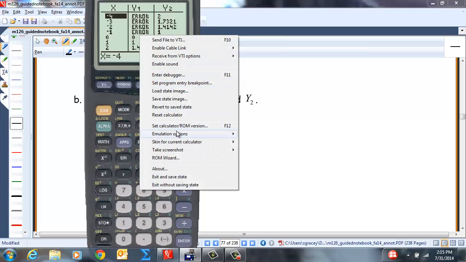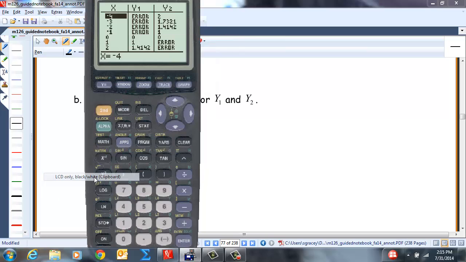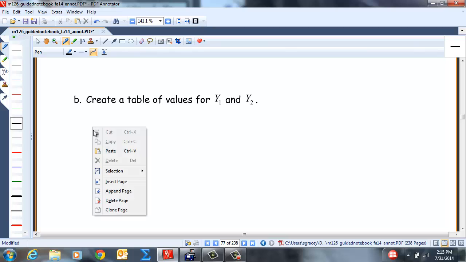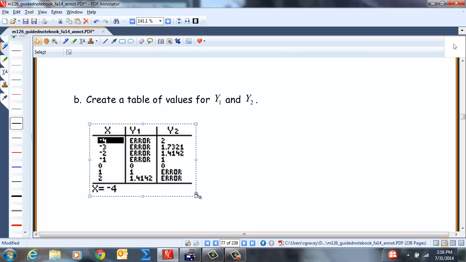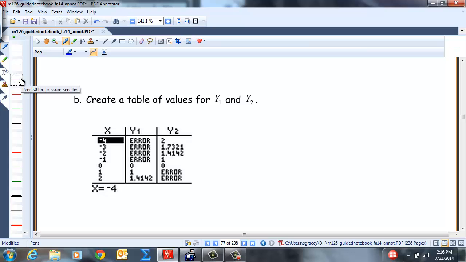Okay, so let's copy this. And then what we have going on for the original graph, you may have noticed that the domain starts at 0, so you're not going to get a real number solution. That's why it says error. So look at what's happening.